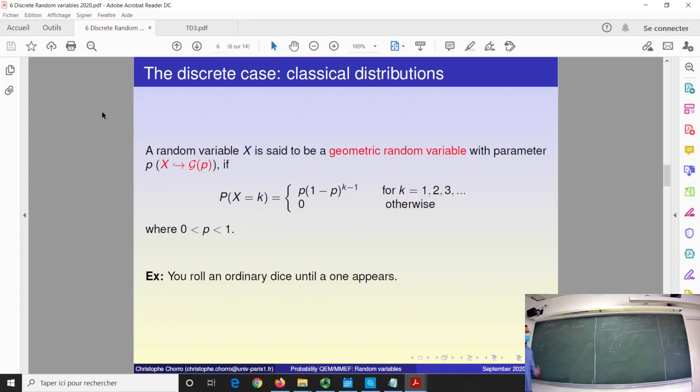What happens for this one? Keep in mind that the absolute value of x is strictly less than 1. So this one goes to 1. What happens for this one? It goes to 0. I have plus infinity times 0, but here I have an exponential convergence, while there I have something polynomial. So the best is this one, the geometric sequence.